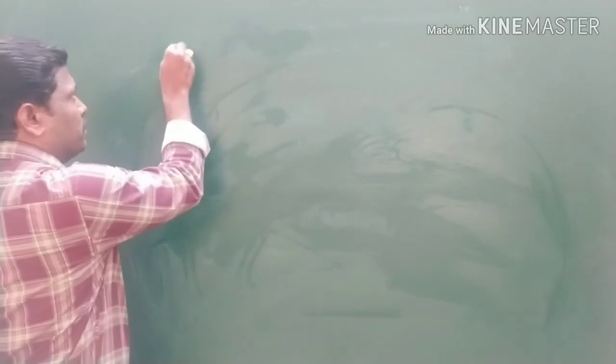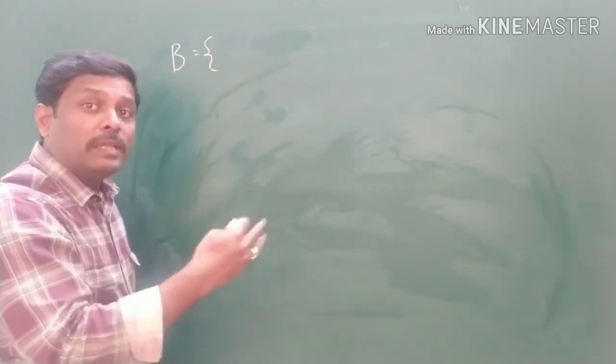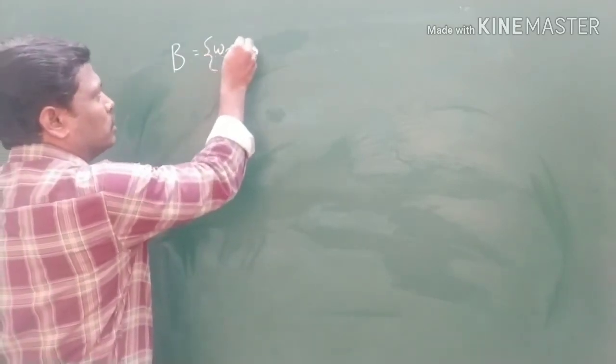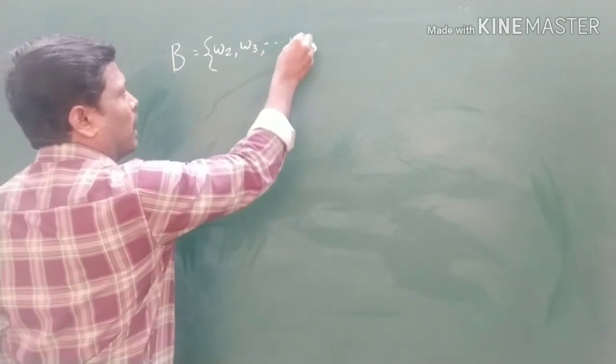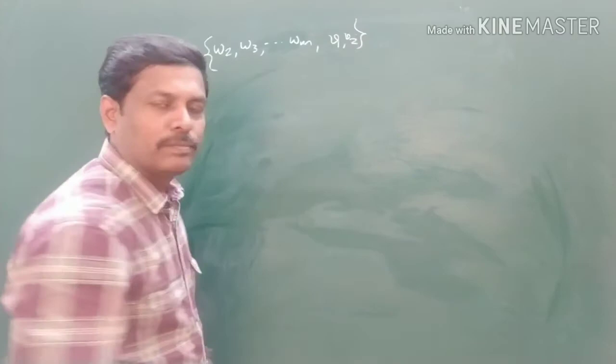Now finally, we will construct a basis B in which we have added m minus 1 elements from the W's, starting with W2, W3 up to Wm, and some V's.